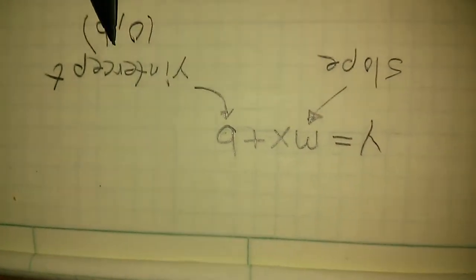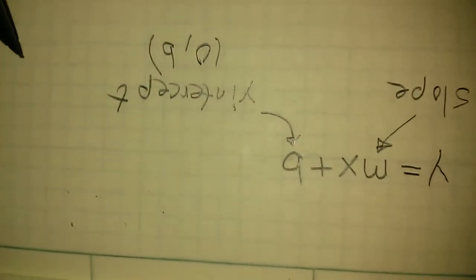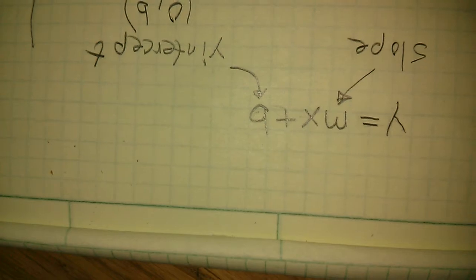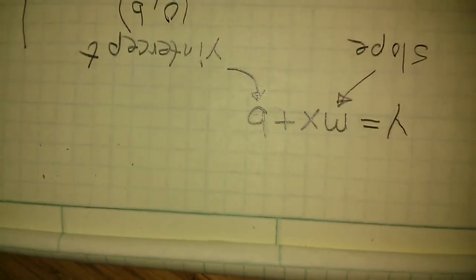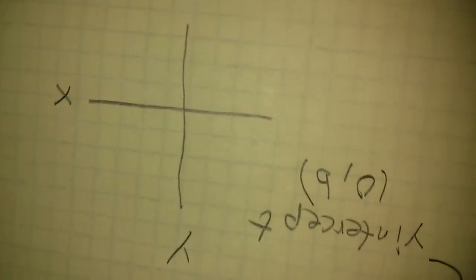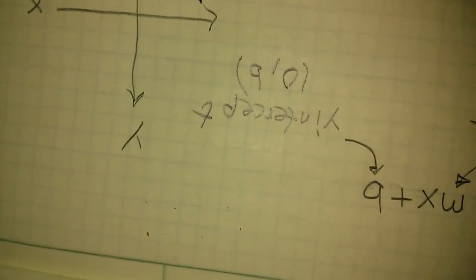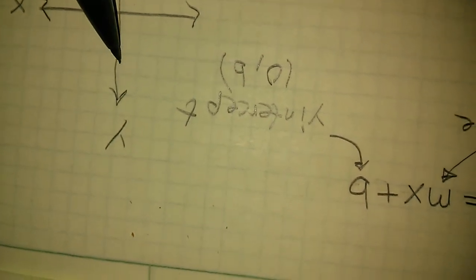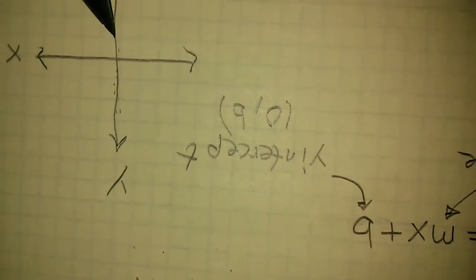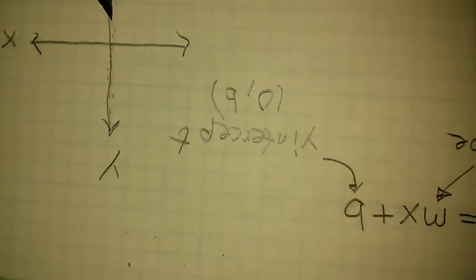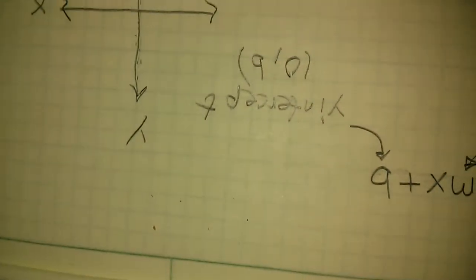And the reason for that is that if it's an intercept, if we go back to what an intercept is, here we have x and y axes. If we're intercepting the y-axis, what's the x value there?